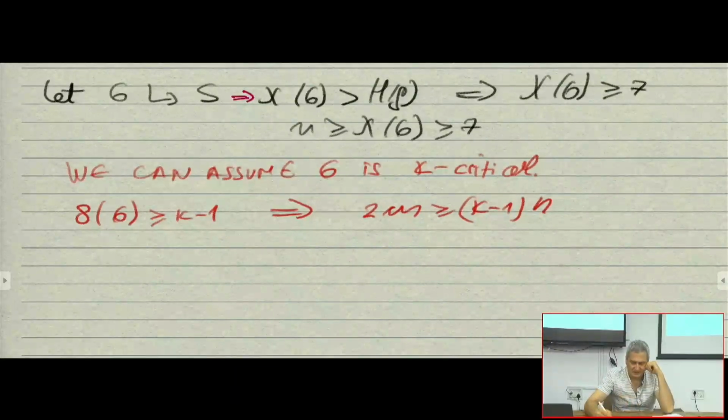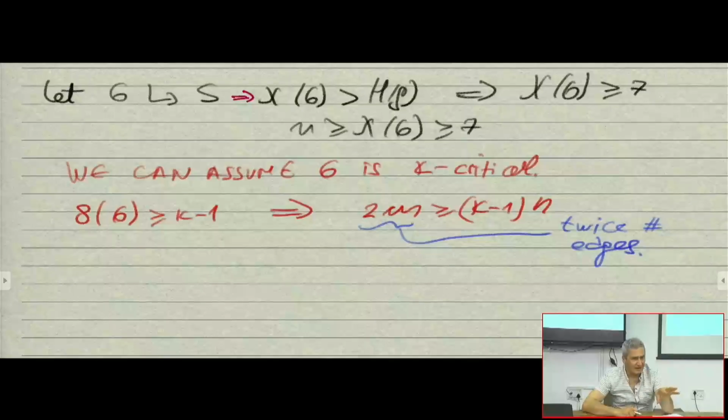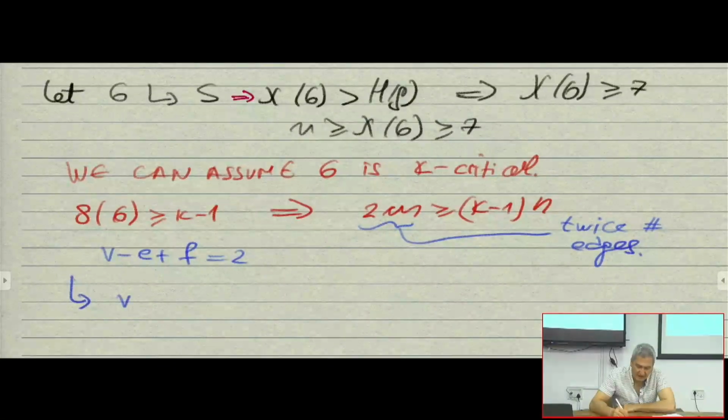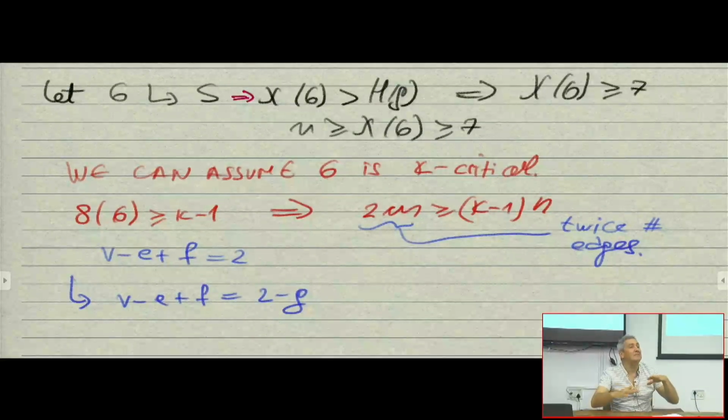Twice the number of edges. Now, what we didn't mention: similarly to the Euler formula in the plane, V minus E plus F equals 2, on a surface with Euler genus g we have V minus E plus F. Actually, it may not be a cellular embedding, because we may have some cross caps or some handles hanging locally on some faces.